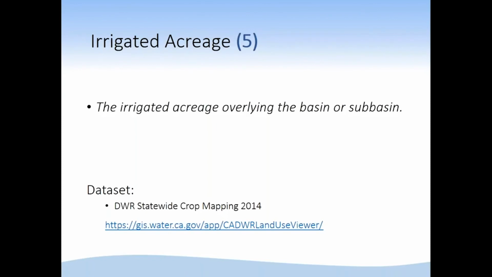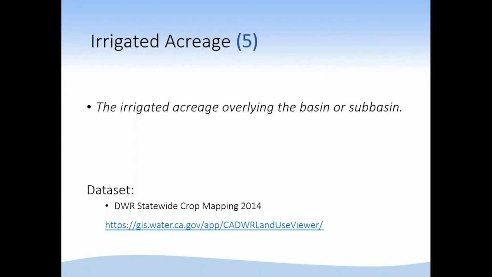So we worked with Land IQ, who did a remote sensing for us, to basically map the entire state of California for a particular year. The first year that they provided us data was 2014, which was also very good because it was the transition of pre-SGMA and post-SGMA. So it worked out really nice from that standpoint.